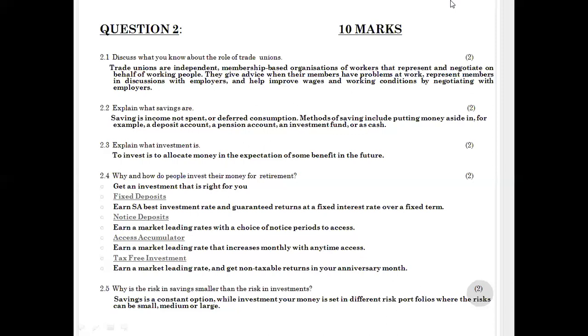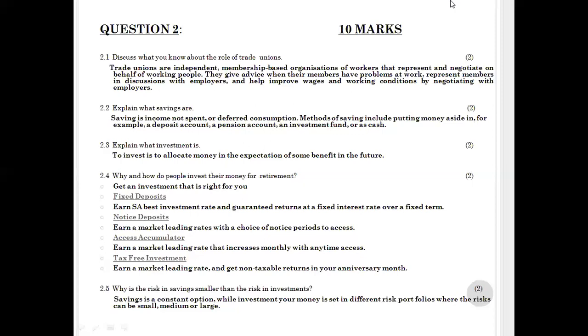2.3, explain what investment is, for 2 marks. To invest is to allocate money in the expectation of some benefit in the future. If you have said that investment is when you invest in something like buying an asset, like a vehicle, then you can give yourself the marks.